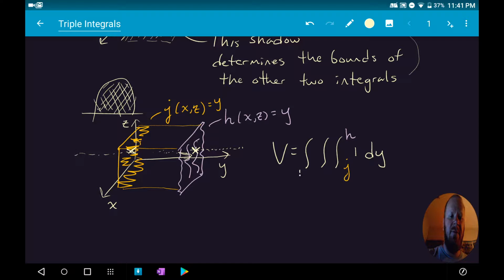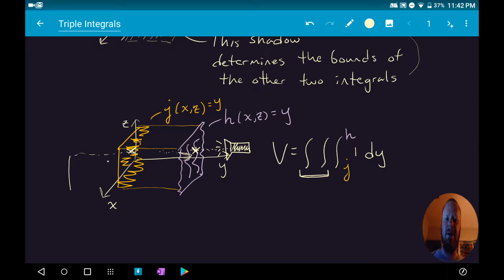And then for these two integrals, we want to think about the shadow that's cast. So this time, when we talk about that shadow, our flashlight's going to be pointing this way. So if we picture the shadow left behind by this one, I'm just going to draw it out here so we can see it.